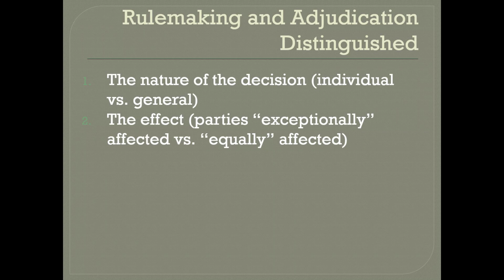So these are a couple of the factors that the court uses to determine when adjudication is required, when rulemaking is required. And of course, the number of parties affected is going to be important. Usually, although it's not always the case, and we'll talk about this in a moment, usually adjudication affects a smaller number of parties than rulemaking does.